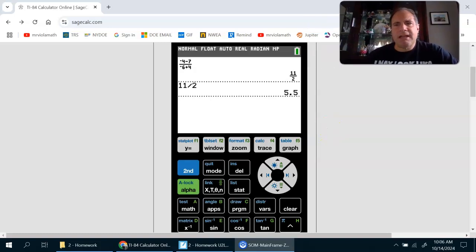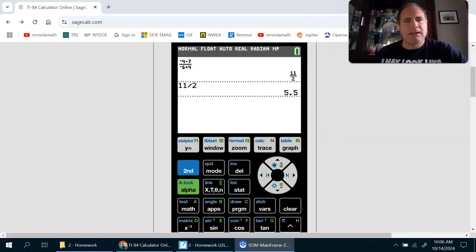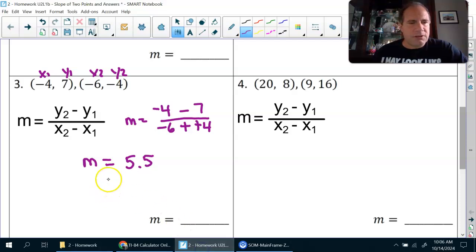And when you put that into the calculator, you get 11 over 2 or 5.5. Just remember, any fraction can be converted into a decimal just by division, because all fractions are division. So we're just going to put m equals 11 over 2.